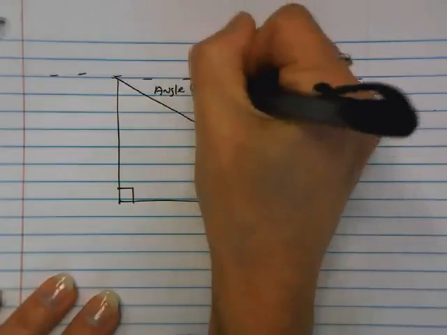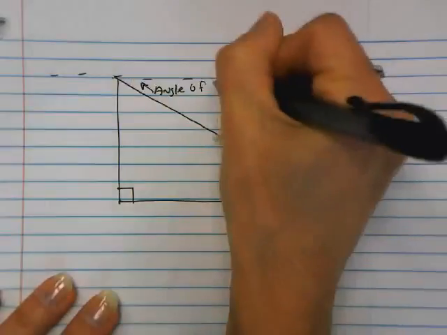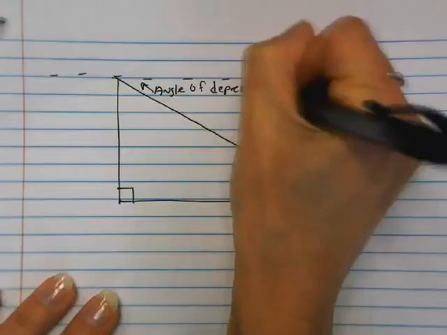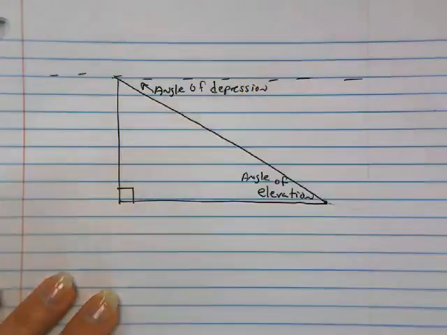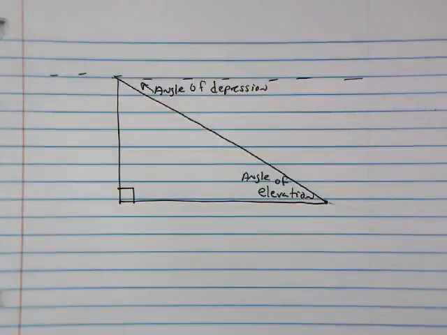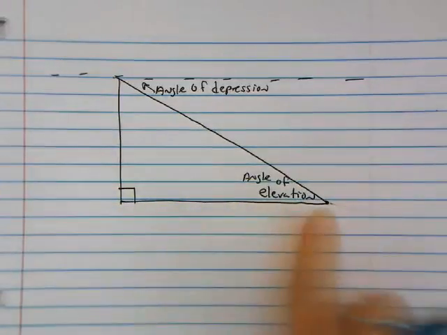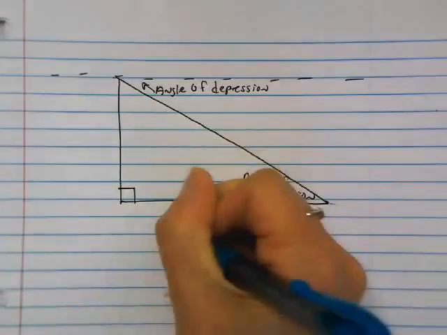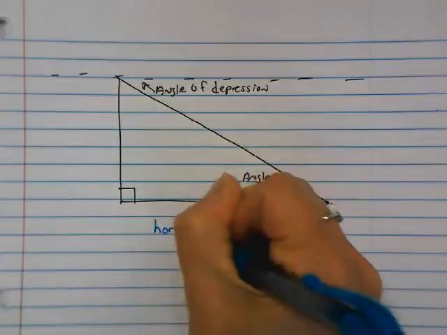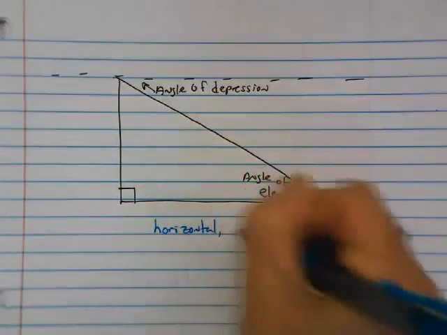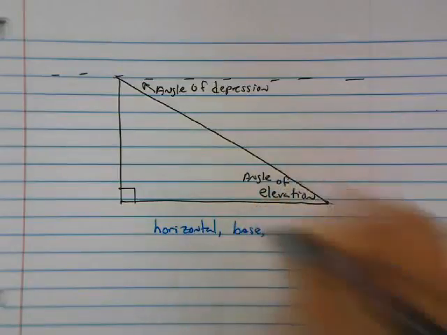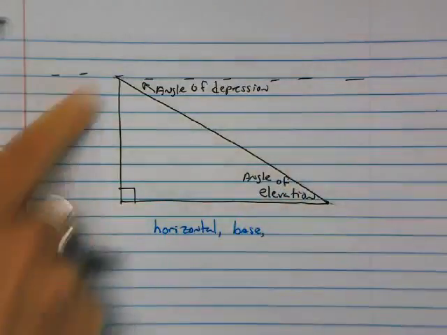Alright, and I'm going to just give you some cluing words. So, for this piece, words that are going to mean to put it on there are when you see horizontal, base. This piece is going to be when we see height, altitude, vertical.